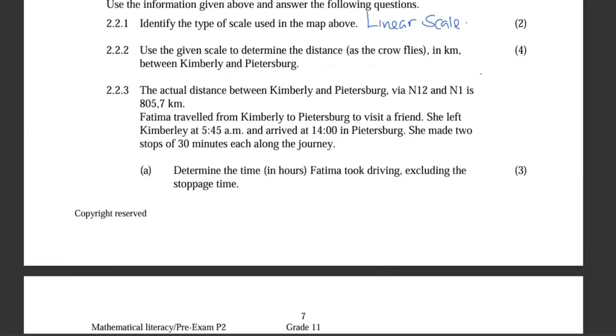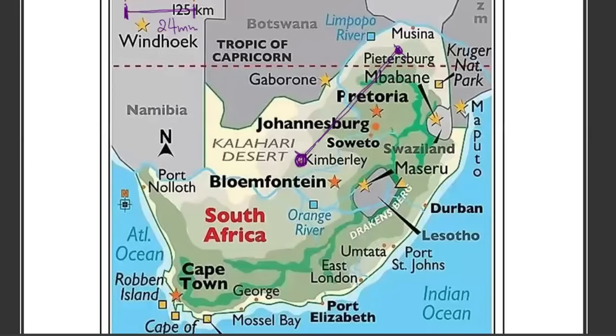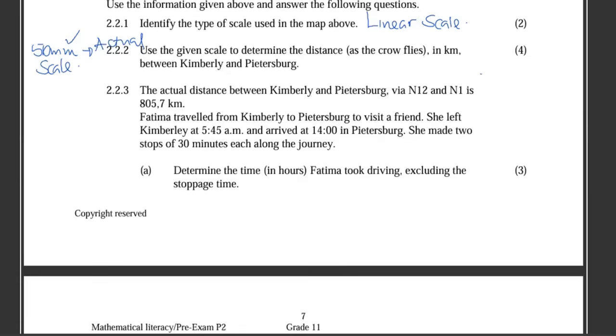Let me do it this way. So we are turning the distance. Now I measure the distance on my map as 50 millimeters. Having measured this, I want it to become the actual distance. What am I going to use? I need to call on the scale. Since I've measured 24 millimeters on paper, in real life it's 125 kilometers.